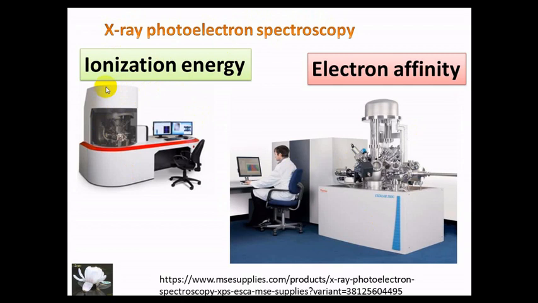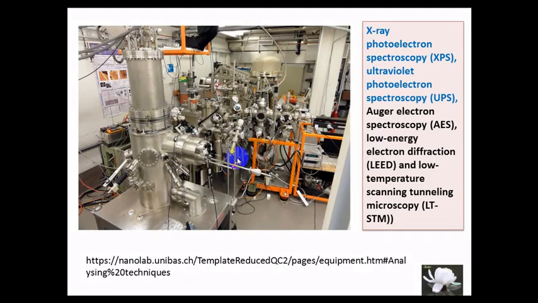Two properties can be measured: the ionization energy and electron affinity. Here we can see other equipment with different functions.